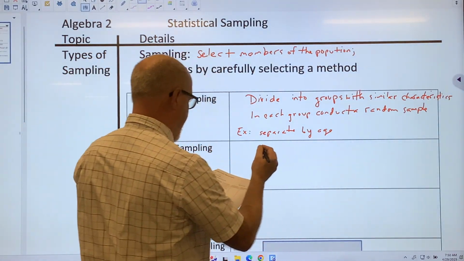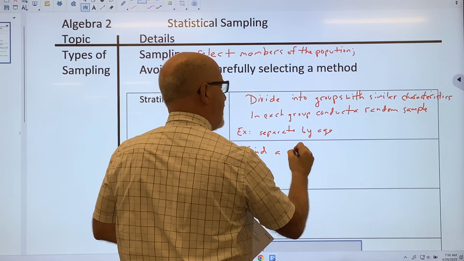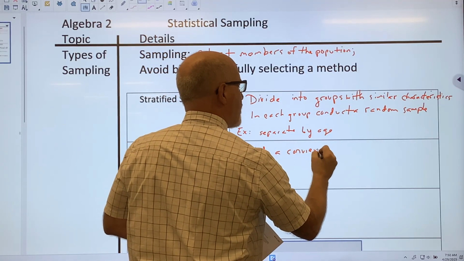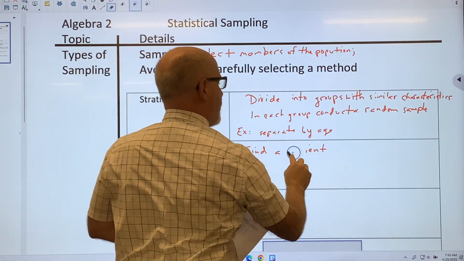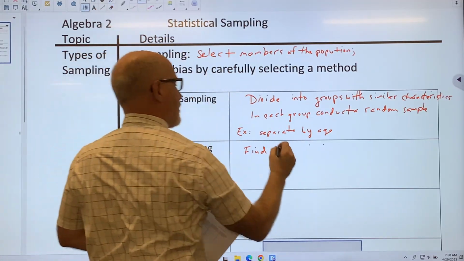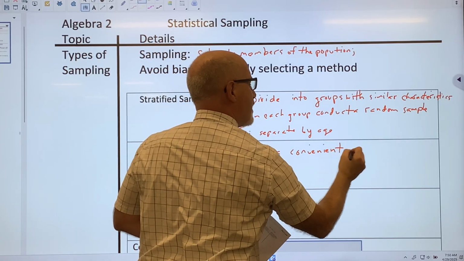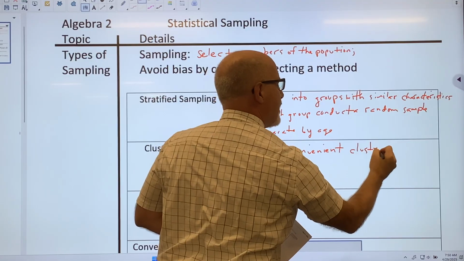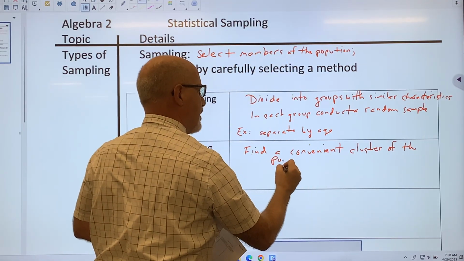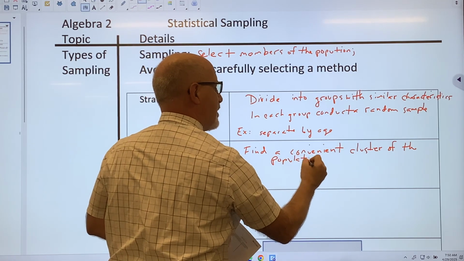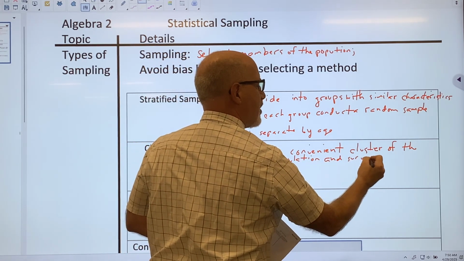Okay, so find a convenient cluster of the population and survey the entire cluster.